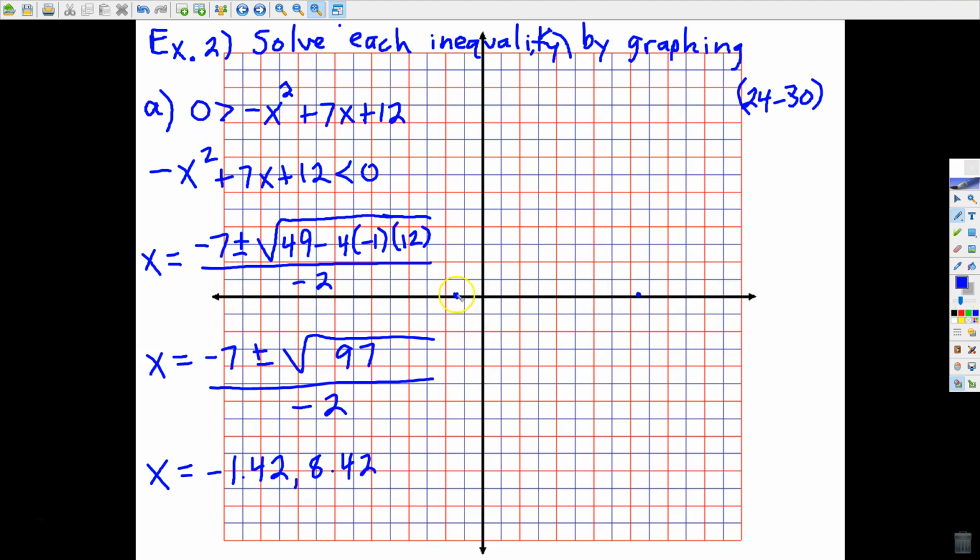So before I go any further, since it doesn't say or equal to, these actual x-intercepts are not going to be part of the solution. So I'm going to change these into open circles. If it had said greater than or equal to, they would be solid.